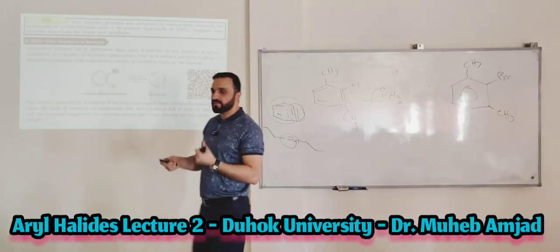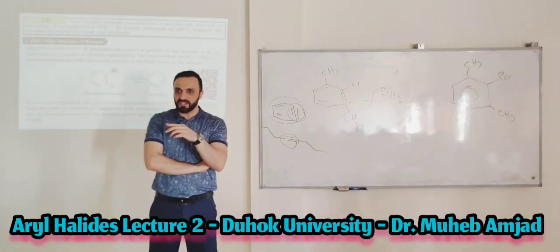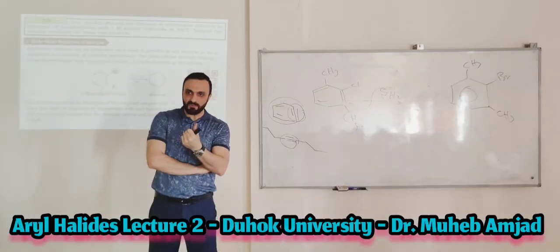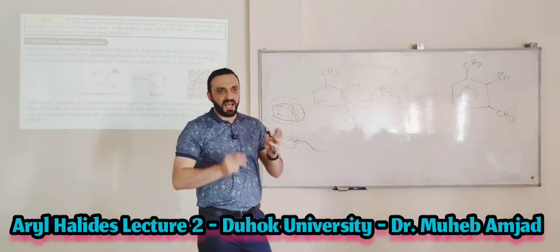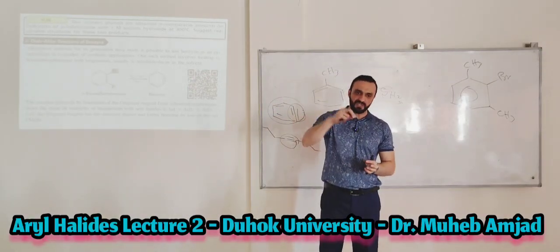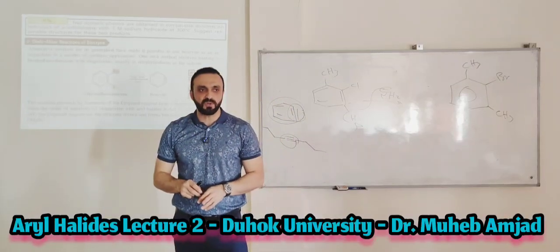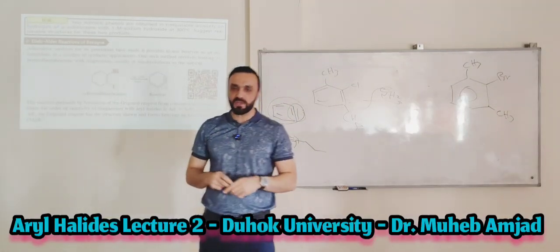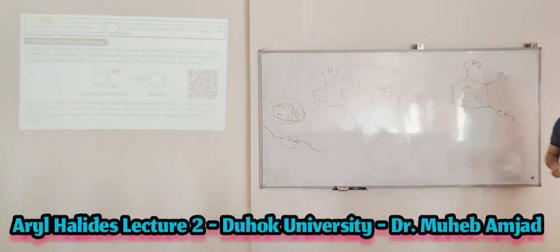In the second mechanism, elimination-addition, step number 1 is elimination: the base removes a proton and gives you the benzyne intermediate. Then the base attacks the benzyne intermediate in the addition step. It gives you a carbanion, which removes a proton from the solvent and gives you the final product. Just this or this.